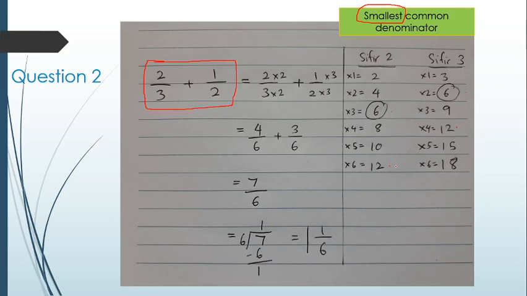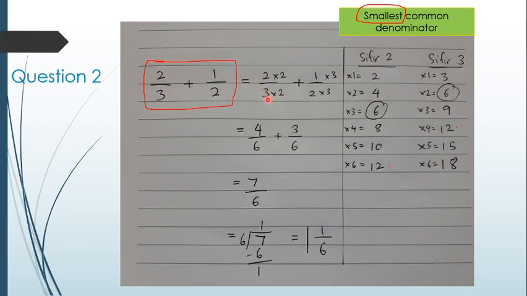You will face difficulties in solving the question. So use the smallest one, 6. So what we are going to do here is change the denominator into 6. So how to change it? 2/3.